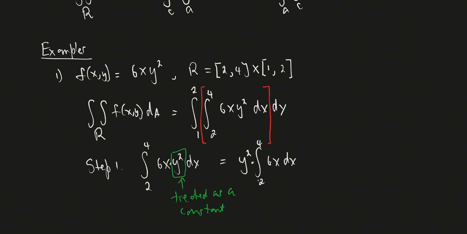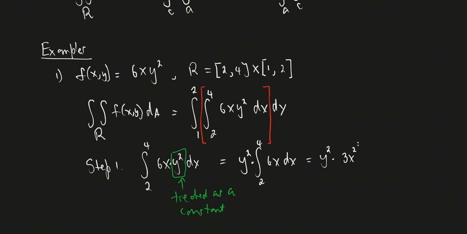So now when I look at this, it looks like a regular integral, right? And we treat it as such. And that's why we get to use our fundamental theorem of calculus. So I'll continue to bring down the y squared. Now let's write down the antiderivative of 6x with respect to x. So that is 3x squared.